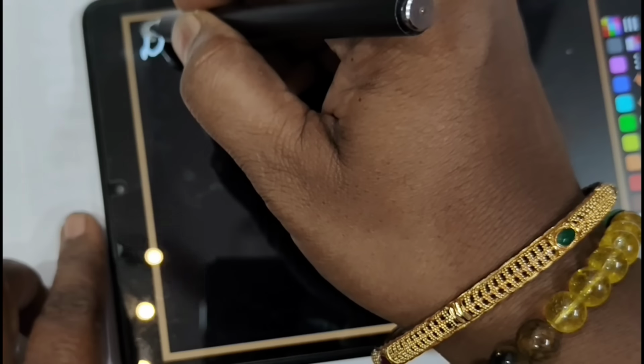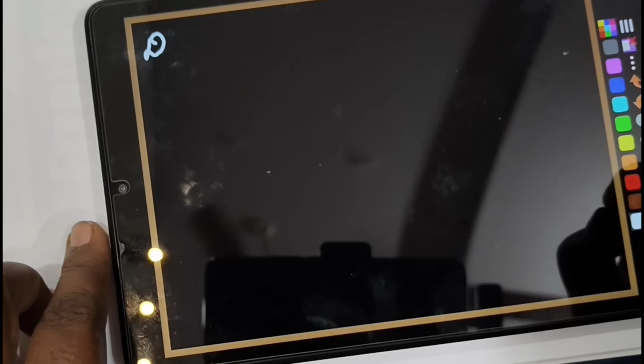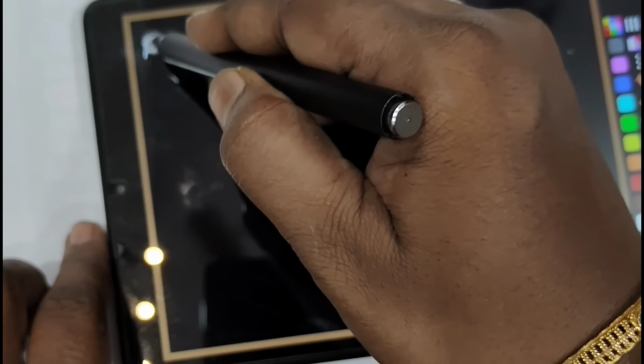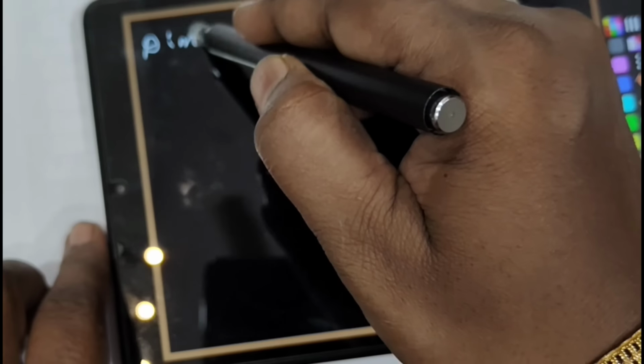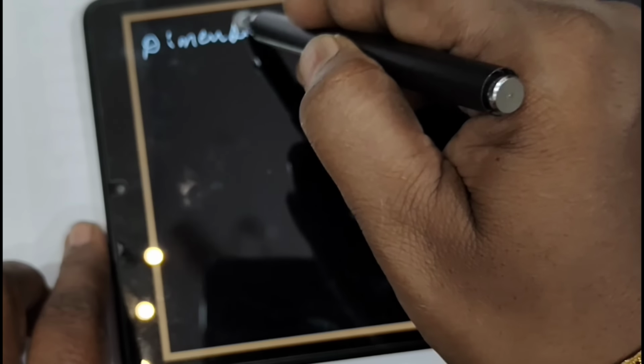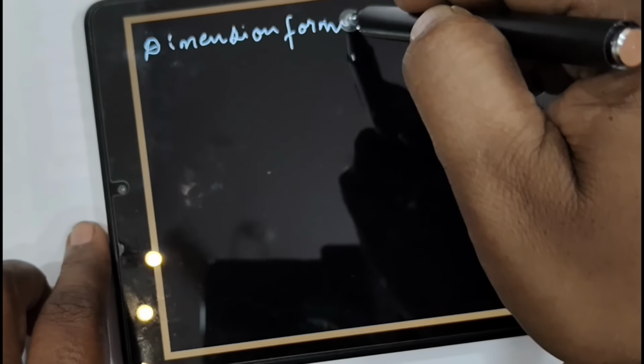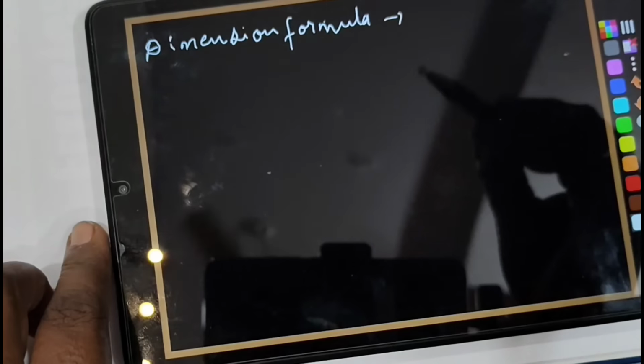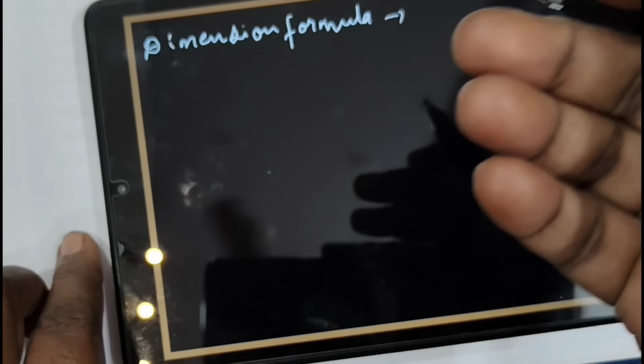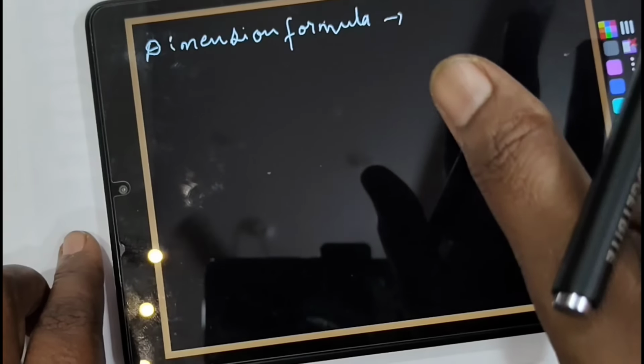So now let us know what is the difference between a dimensional formula and a dimensional equation. So here, dimensional formula. Okay, dimensional formula is expressing a physical quantity in terms of dimensions only.